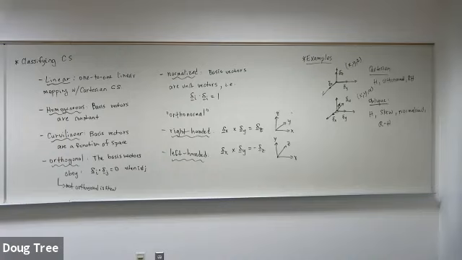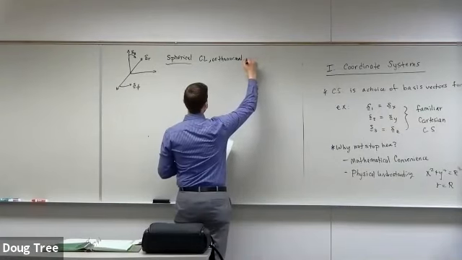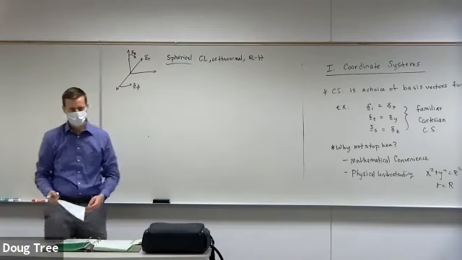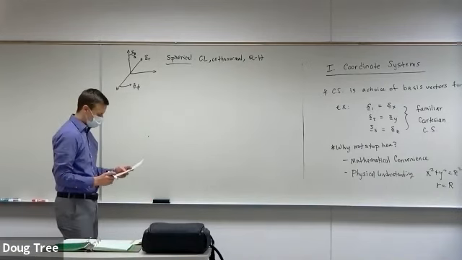The spherical coordinate system is curvilinear, so the basis vectors depend on space, but it's orthonormal, and it is right-handed.